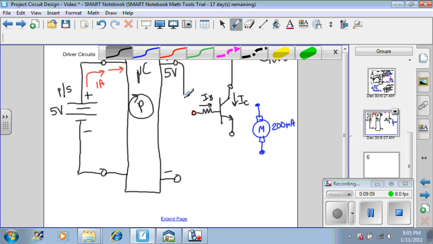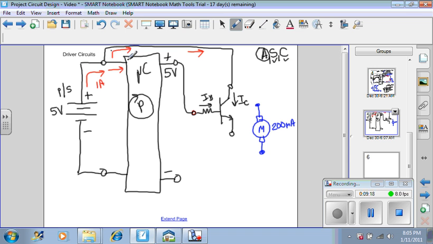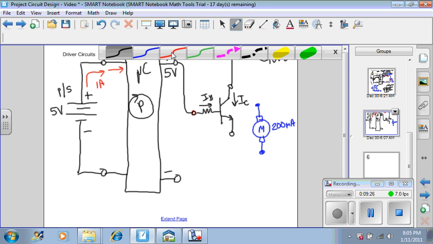So if I use the microcontroller to control the base current, then I can use that microcontroller to control a collector current, or a much larger current in the system.